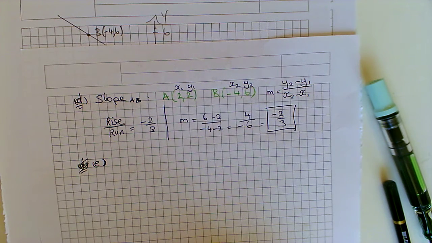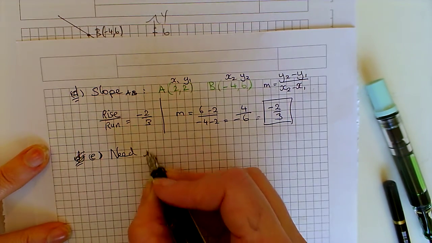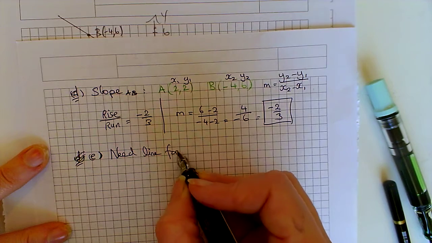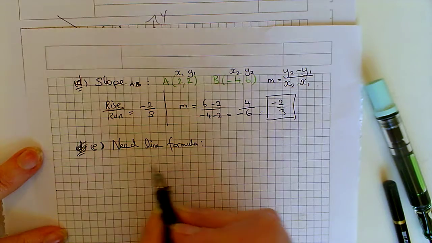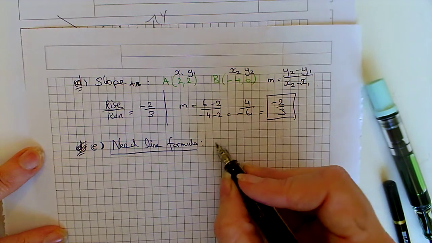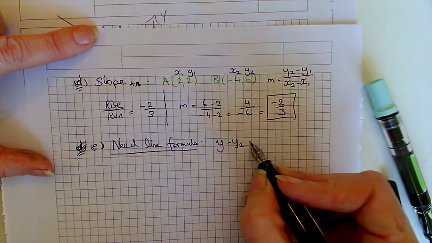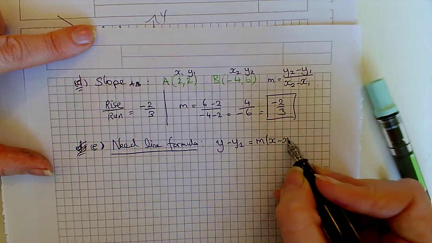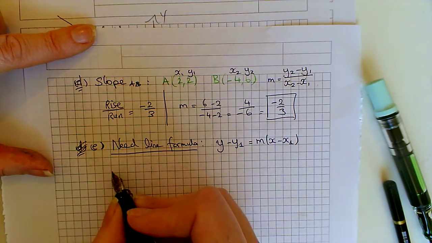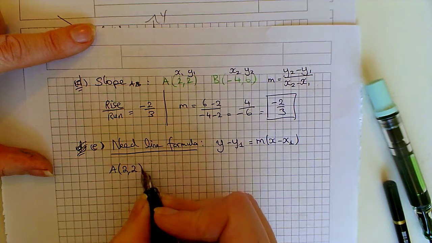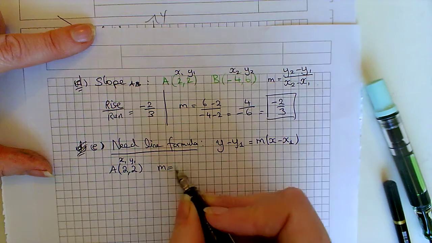You need the equation of the line formula. So we need the line formula. And I'm surprised they didn't step us through asking that. So remember, the equation of a line is y minus y1 equals m by x minus x1, where x1, y1 is any point that's on the line, so we'll use A, which is 2, 2, and the slope is m.